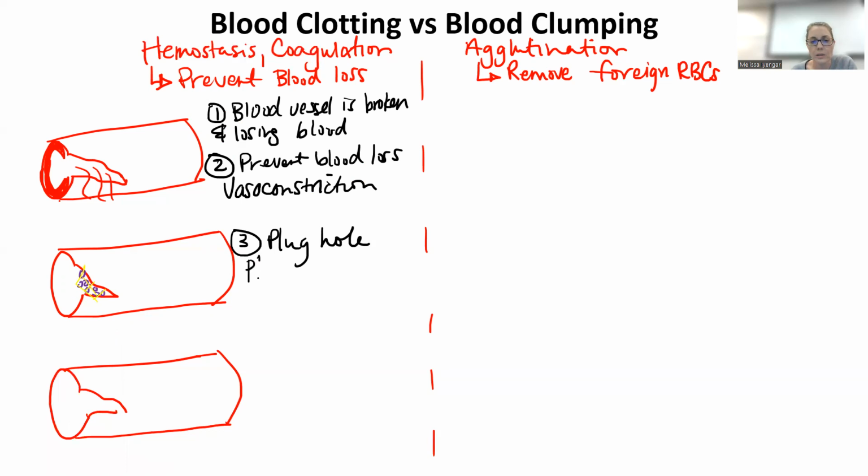So platelets are going to get stuck together with collagen. And this is going to significantly reduce blood flow.